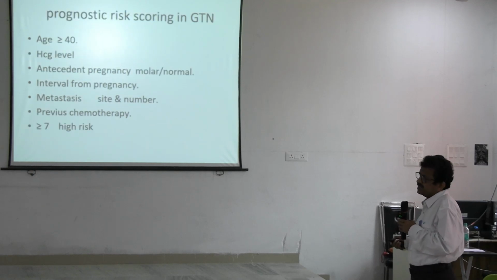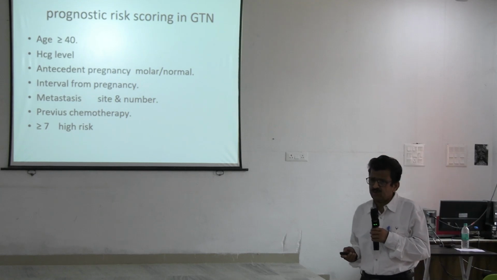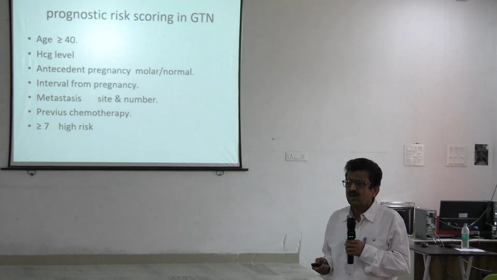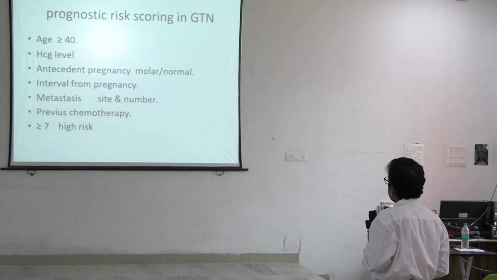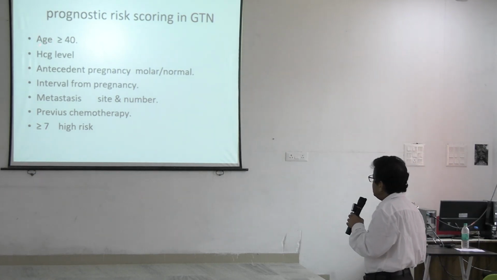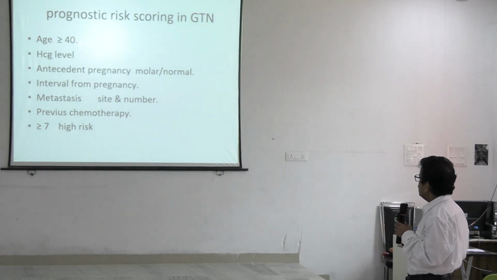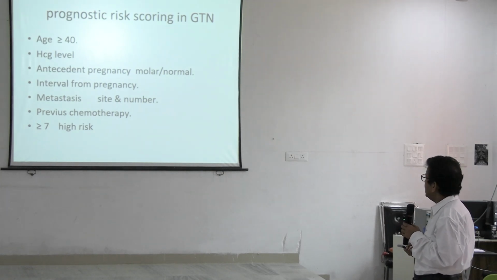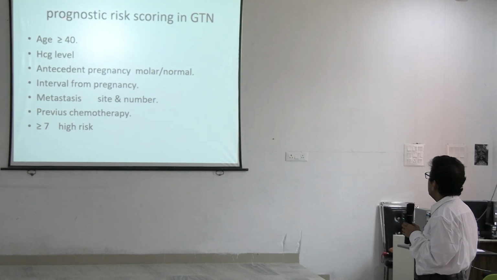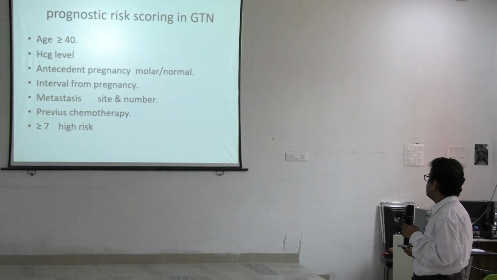Prognostic risk scoring. A few words about GTN, though we are not taking the GTN class, but it is very important to remember. If the age is more than 40, this is the extreme of the age group, and the chance of molar pregnancy is there. So age more than 40 is a risk factor for developing GTN.